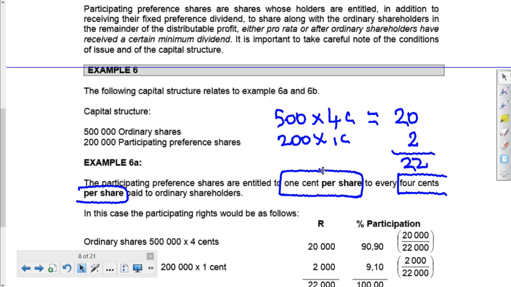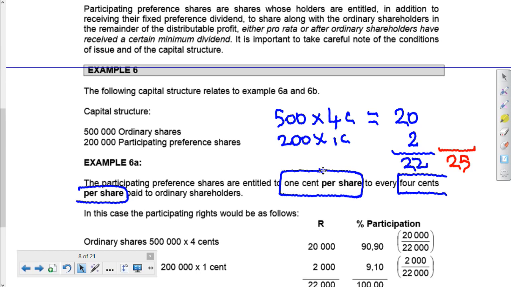So if the profit of the company was 25, which it was in our previous example, I see here they cheated and made the profit 22, then it makes it easy to work out, isn't it? But if the profit was 25, which it is in our next example, then we would say 2 out of 22, and they would get that, and the others would get 20 out of 22, isn't it?